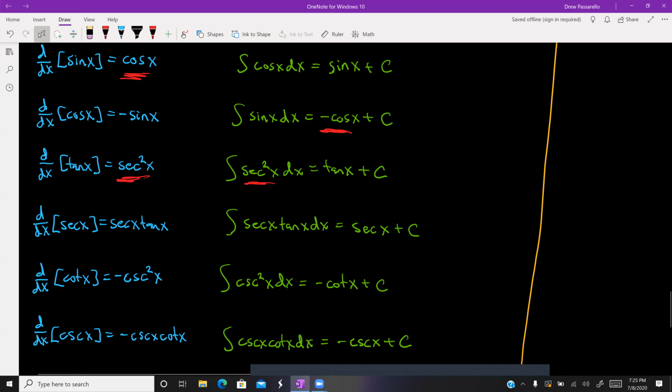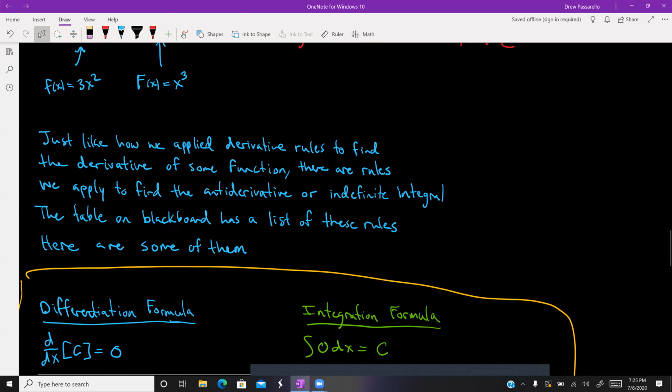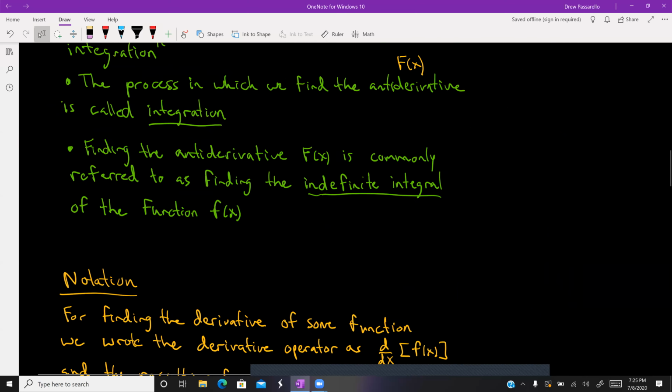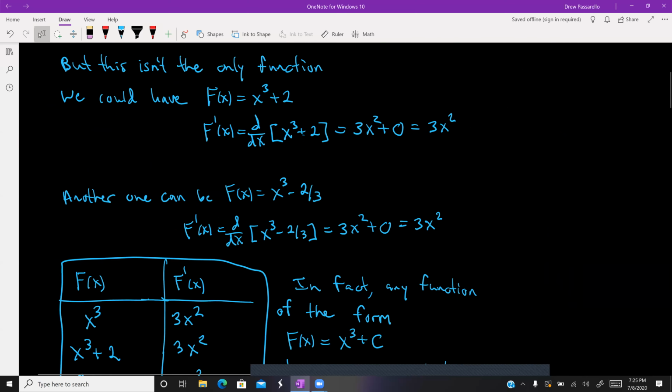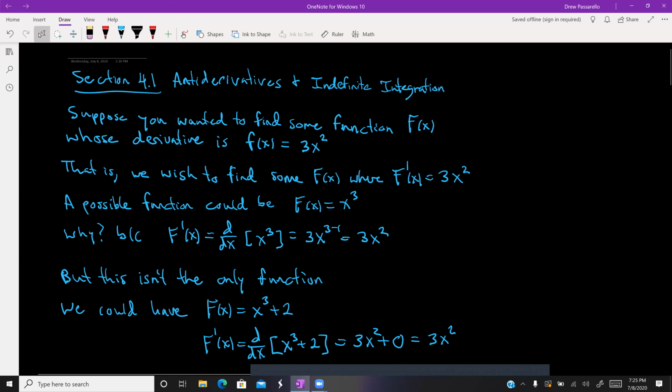All right, so that's where I'll stop for this video. This is just going over the concept. And the concept is the antiderivative, which is sort of the reverse of a derivative, maybe an analogy or whatever the word is for that. The process in which we find the antiderivative is called integration.